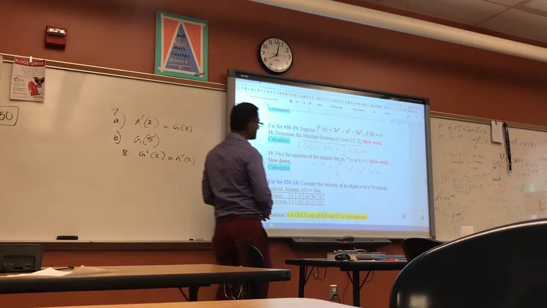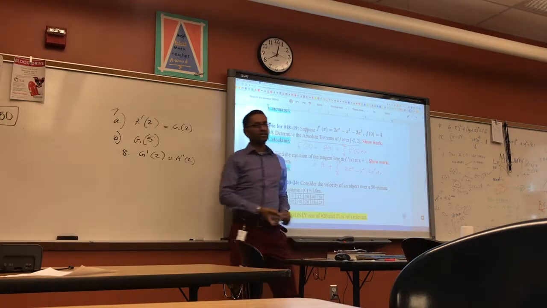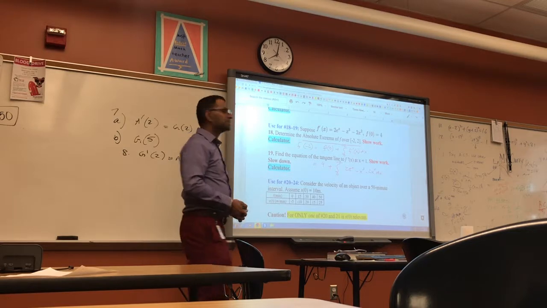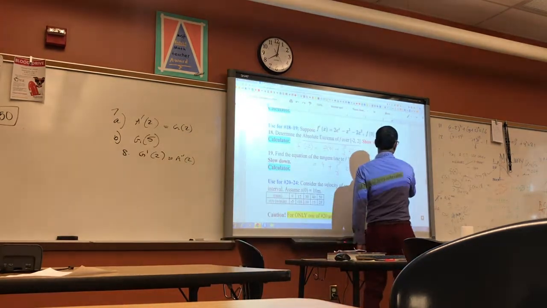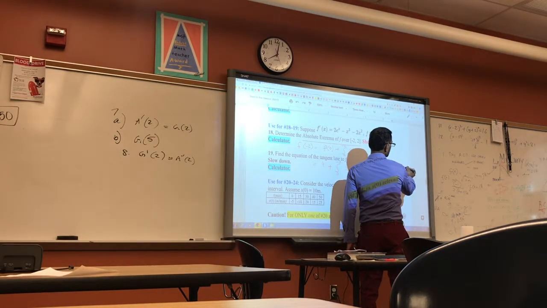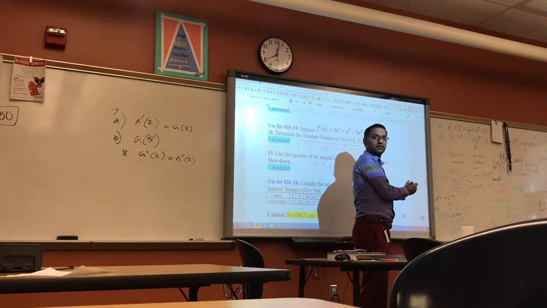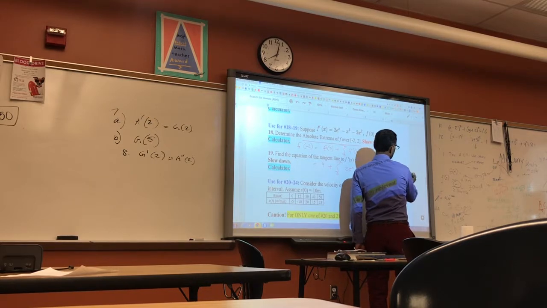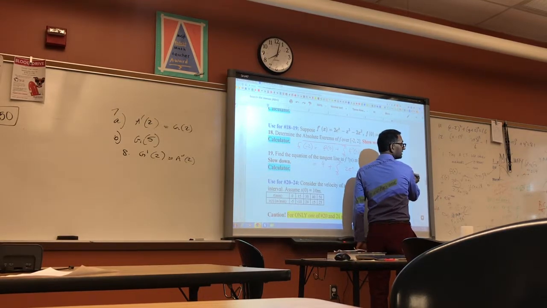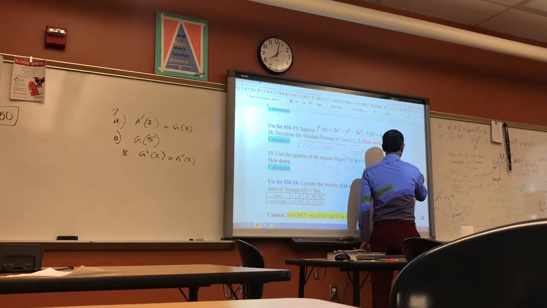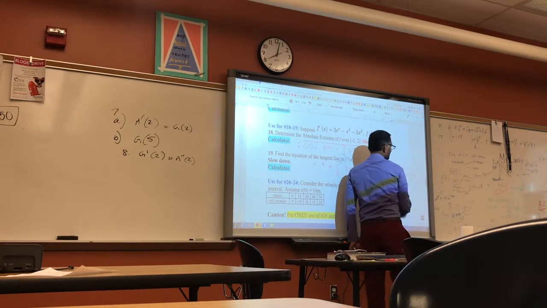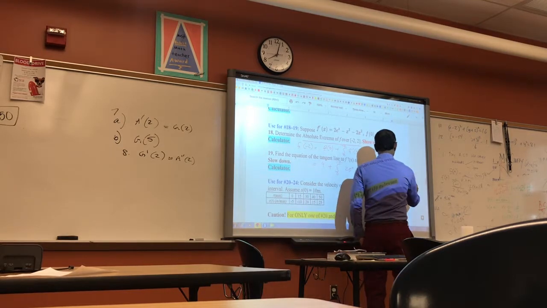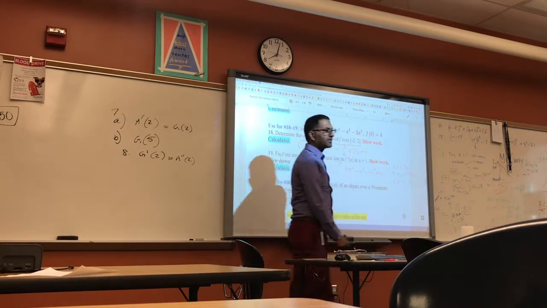Please be very comfortable using a calculator because they will be calculator questions. Oh, you found them? Give me one critical point. 1.76. Does someone have another one? Negative 0.862. Anybody have another one? Negative 1.92.